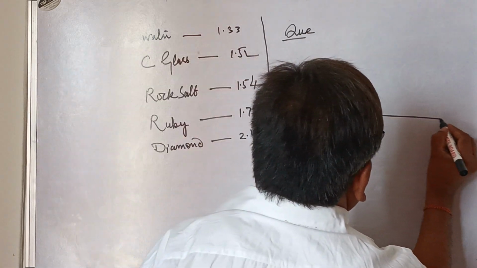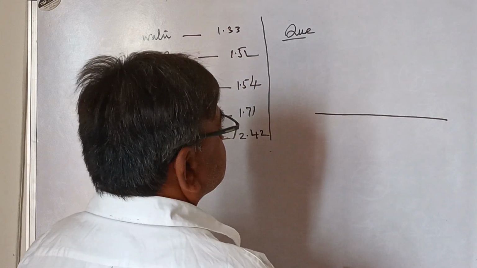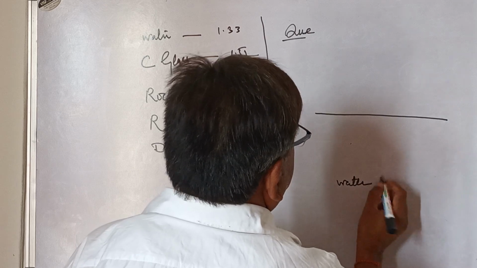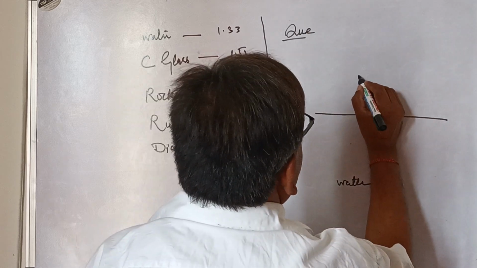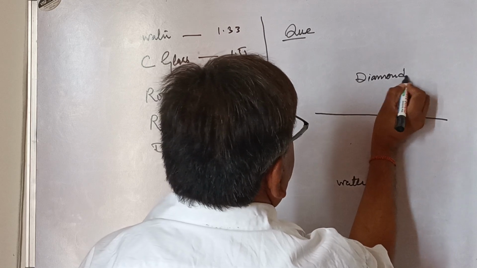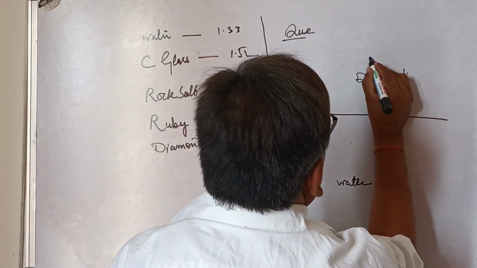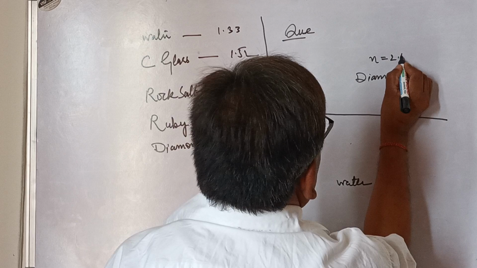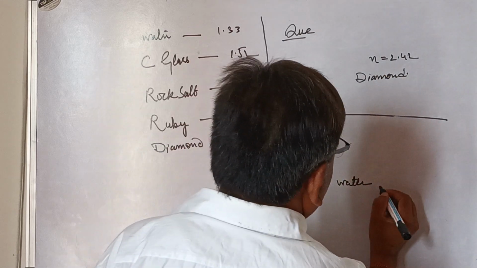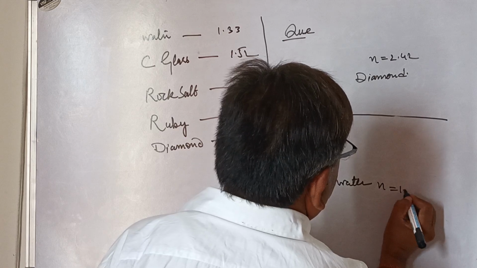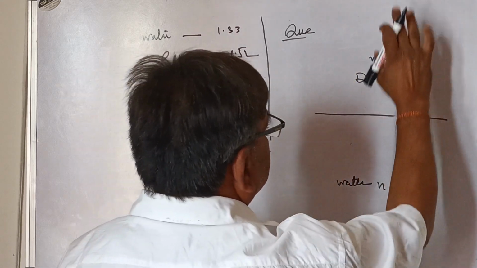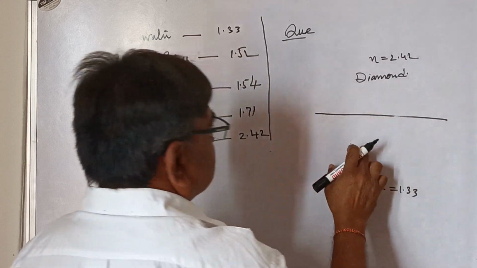Here the water is filled up, and here this is the diamond. The value of n is 2.42 and the speed is very slow. For water, n is equal to 1.33. When you compare these two media, this side is diamond, this side is water.